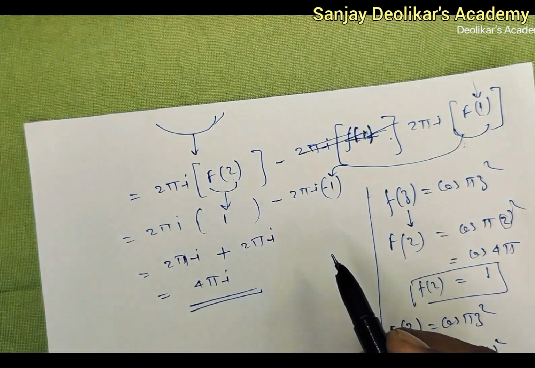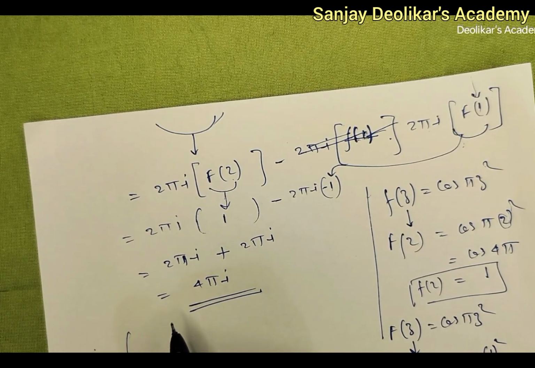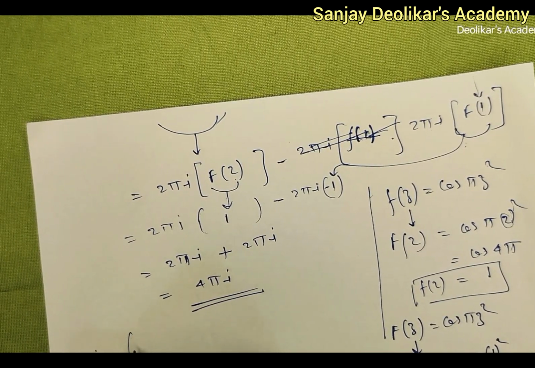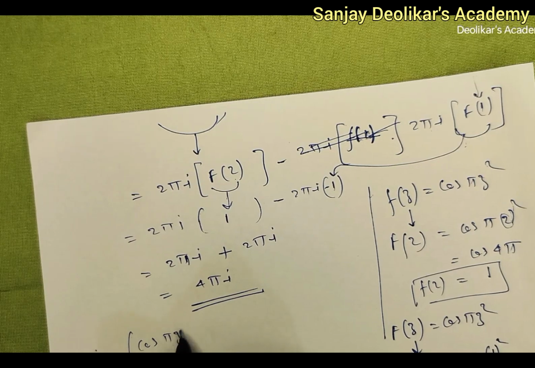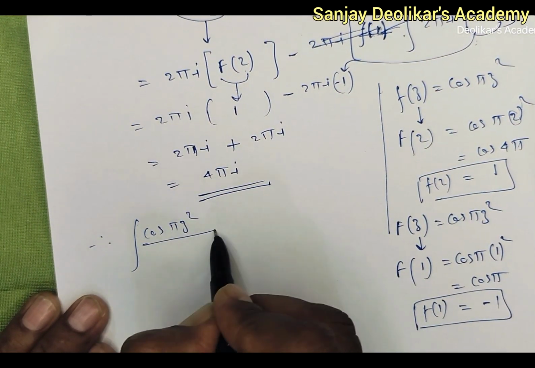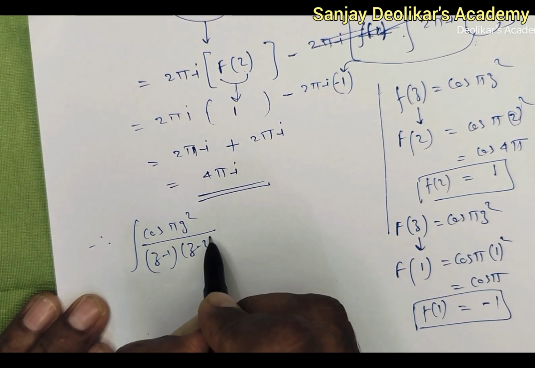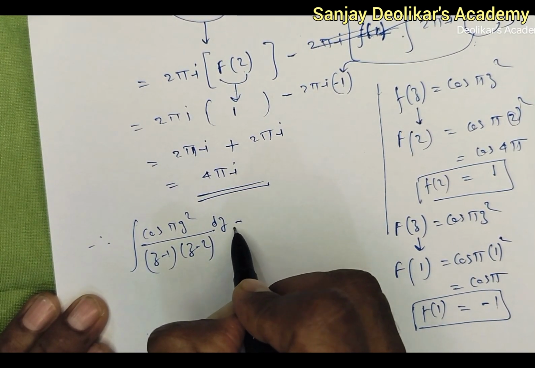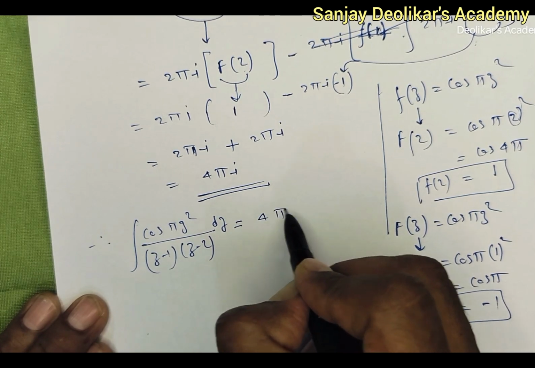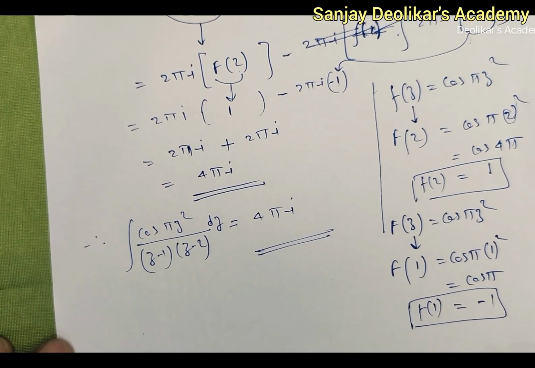Therefore the integration of cos pi z square upon z minus 1, z minus 2 dz is equal to 4 pi i. This is the answer. Thank you.